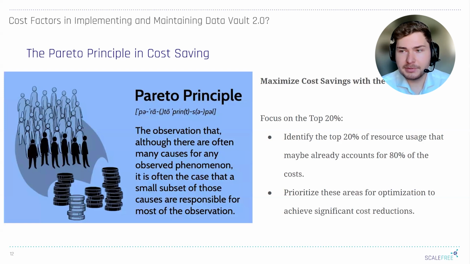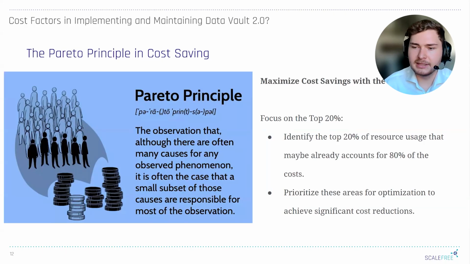Think about the Pareto principle. I think it's really interesting with cost saving and in general cost optimization. Sometimes just the top 20% of your long running queries, for example, already account for 80% of the cost.